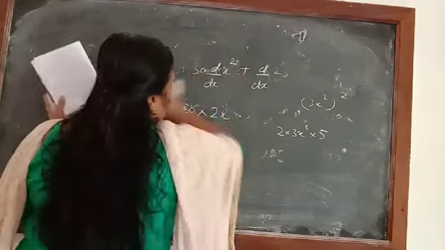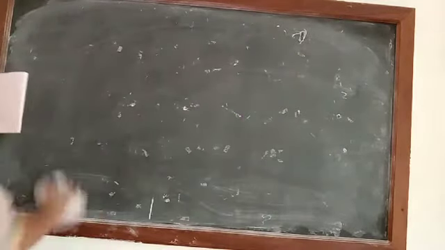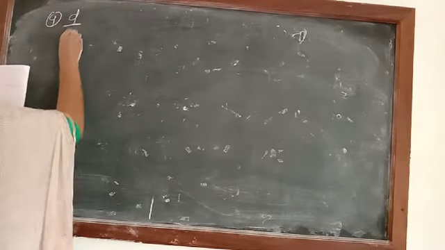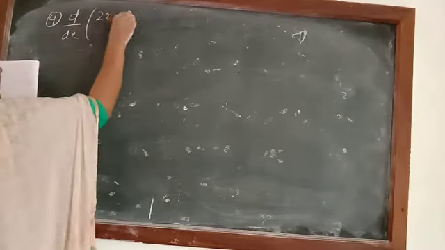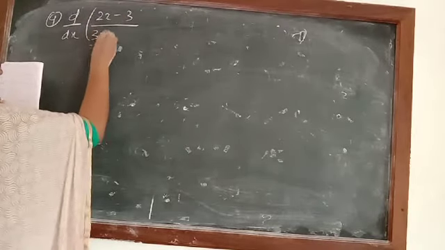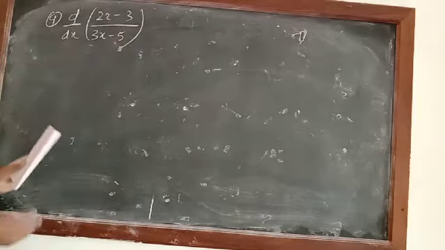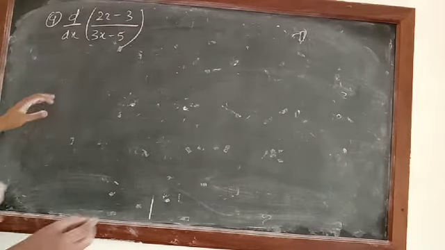Question number 9 is d by dx of 2x minus 3 by 3x minus 5. So we'll use the concept of, yes, division.